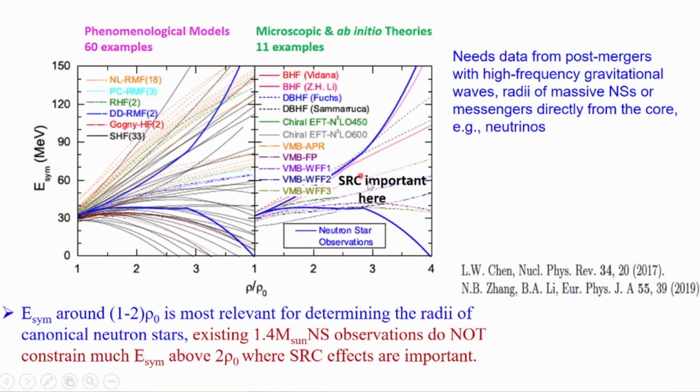On this side, we have some more microscopic many-body model predictions. You see again, this large window gives us opportunity to further study the symmetry energy. Essentially, the available constraint from neutron star analysis cannot rule out any of these predictions from these microscopic many-body theories.